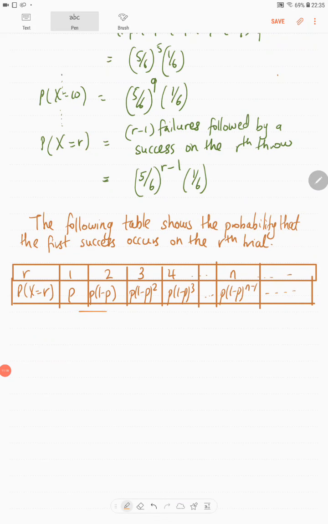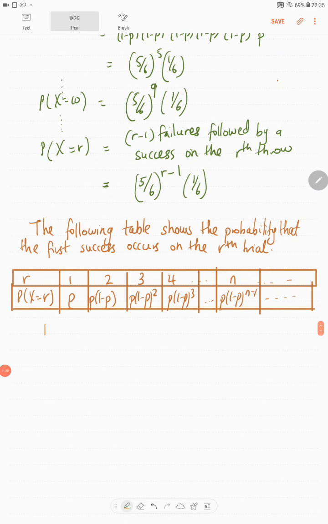So as you can see, the values of the probabilities, that is probability x is equal to r, these terms are the terms of a geometric progression.